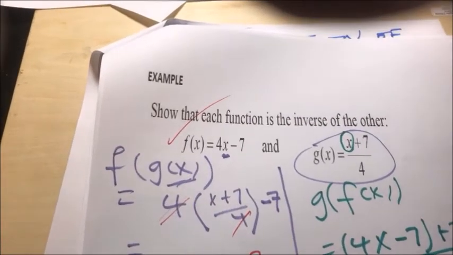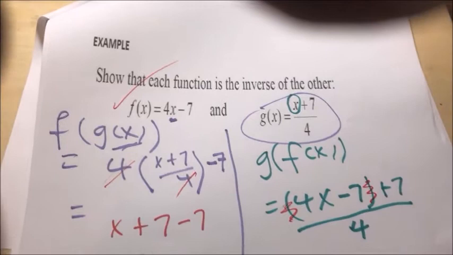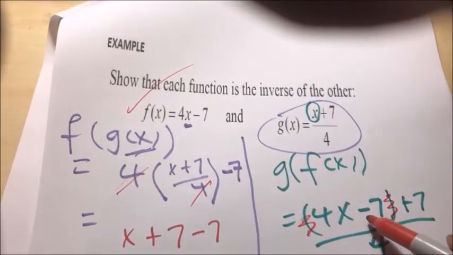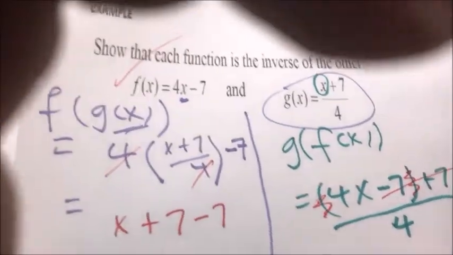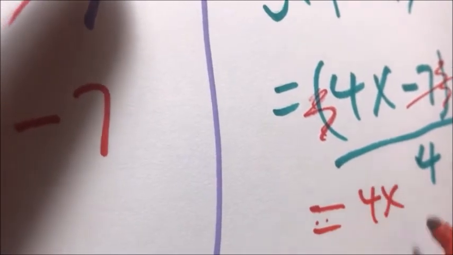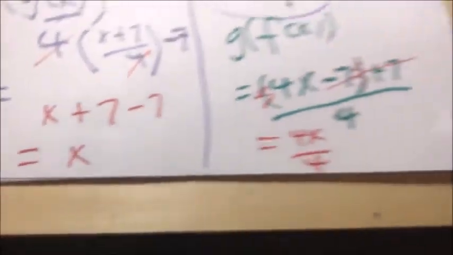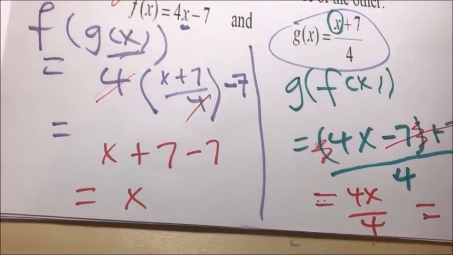But I really don't need the parentheses, because I'm just adding. And so negative 7 plus 7 is 0. So what I'm left with here is 4x over 4. So I got 4x over 4, which is equal to x again.